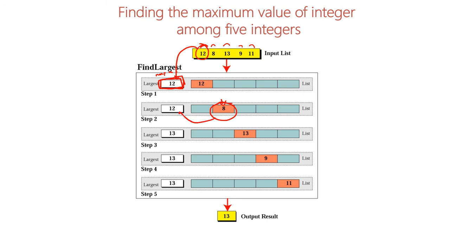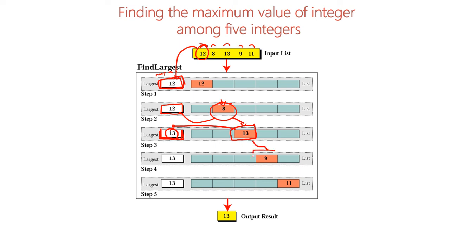We compare it, and the maximum value is still 12. So we go to the next element and check it. Now we have 13, which is greater than 12. So we replace the value inside the temporary place with 13.